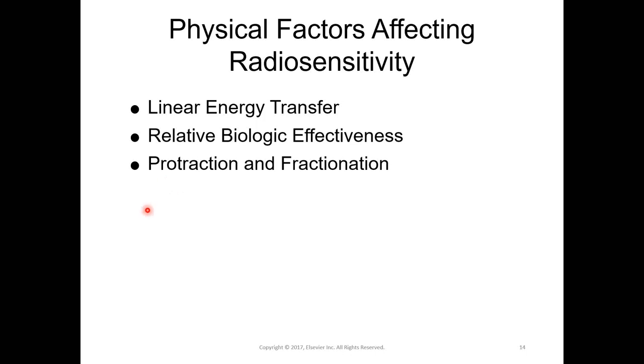Protraction means that you're going to get a continuous dose over a long period of time, and it kind of looks like a protractor. And fractionation is generally one single dose broken up into equal parts, and equal parts are delivered with 24 hours in between, so the body can start to recover a little bit in between each dose.